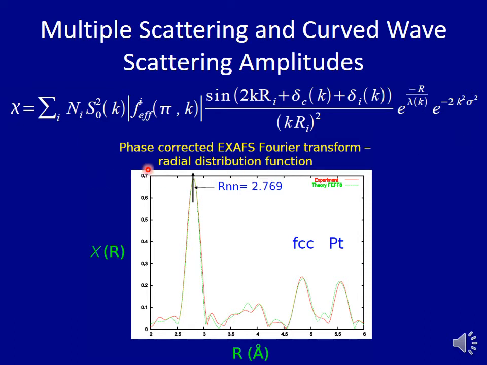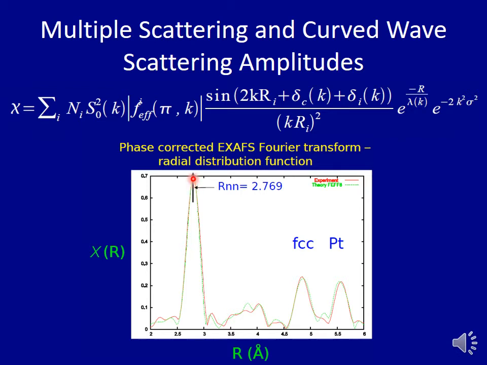And if you then Fourier transform this thing and you phase correct, meaning you correct for these phases that you have in here, or at least for the absorbing atom and the nearest neighbor, then it shifts the curve back to pretty much the right distance.